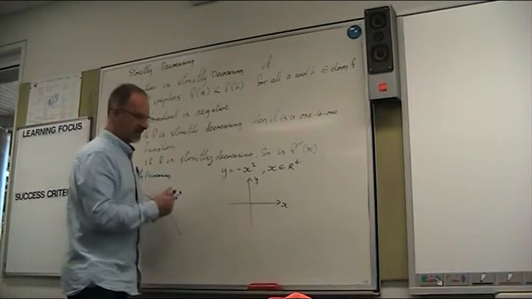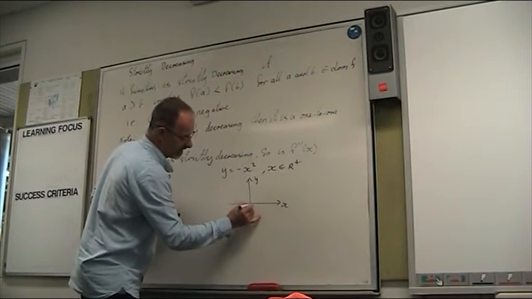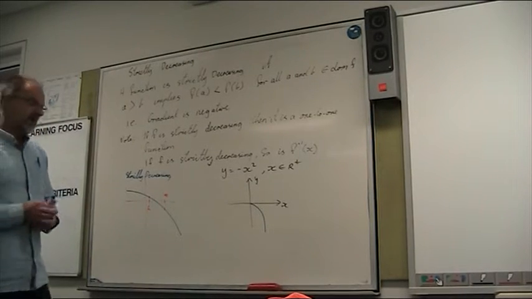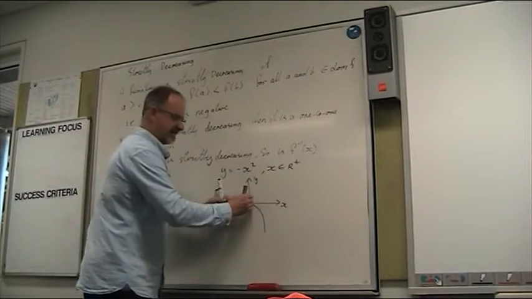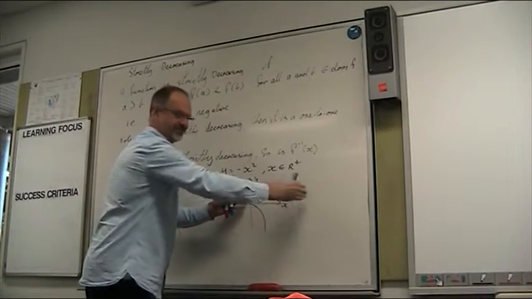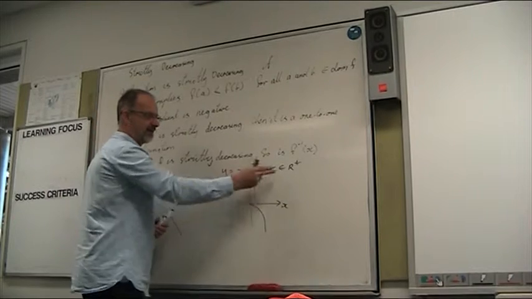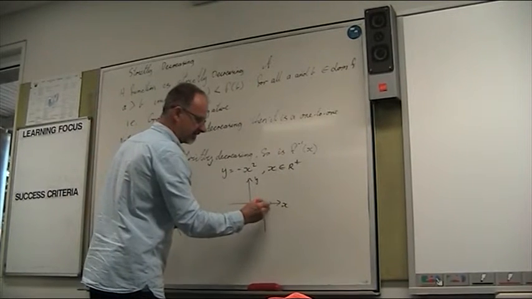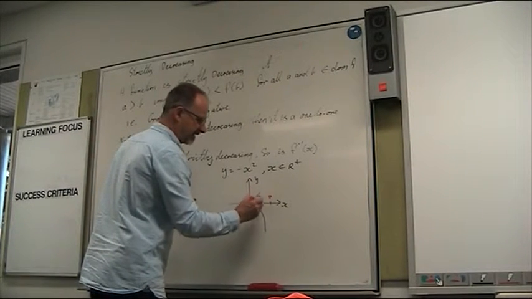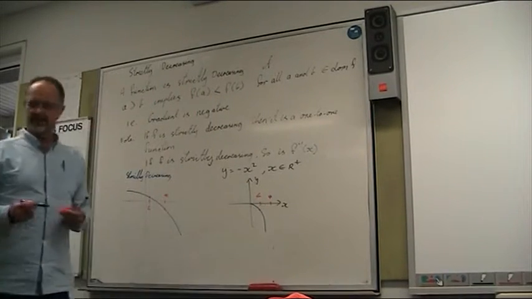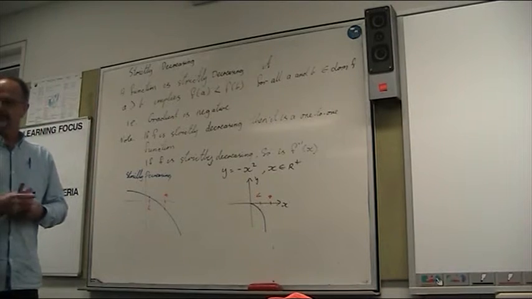So that would be this half of the upside down parabola. And now A and B have to be in here. Can't have A or B down here because that's not part of the domain of this function. So this could be A there, that could be B there. And so that's strictly decreasing.